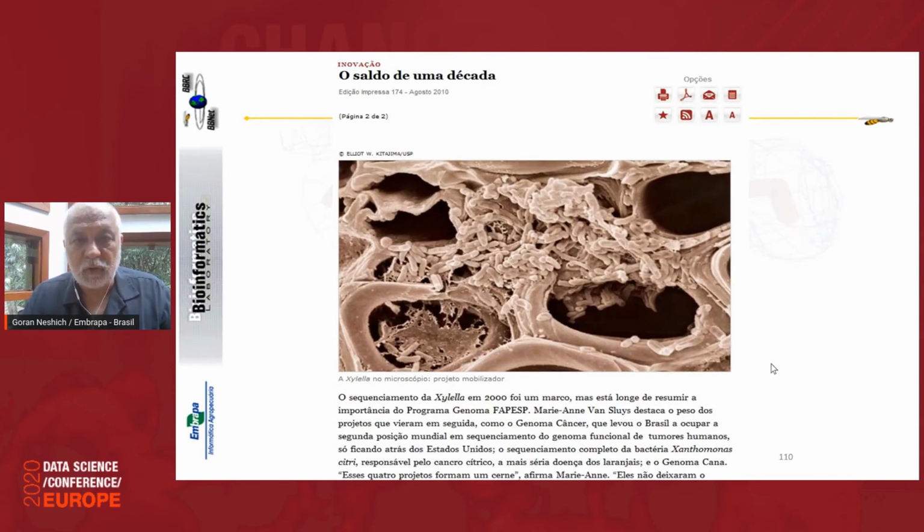Here you see the picture of Xylella fastidiosa. This is a gram-negative bacterium, which you see in the central part of the xylem. Xylem are those big, I call them arteries in plants. Of course, plants don't have arteries, but they suck the water and solvents from the root toward the leaf.